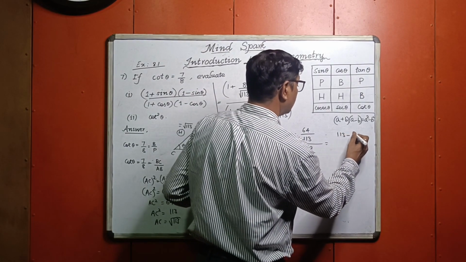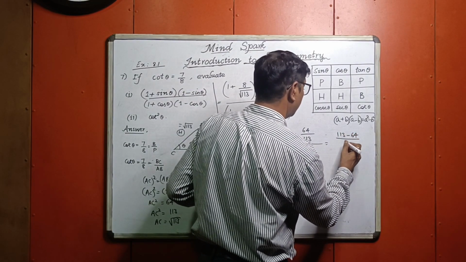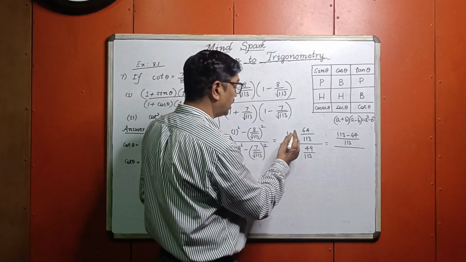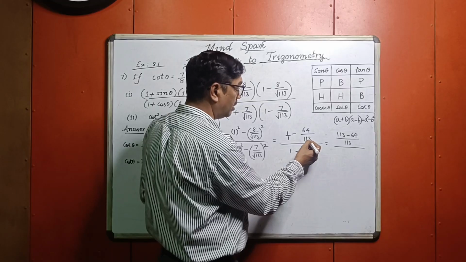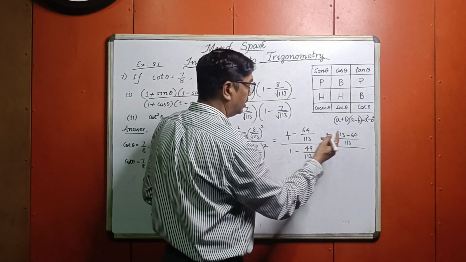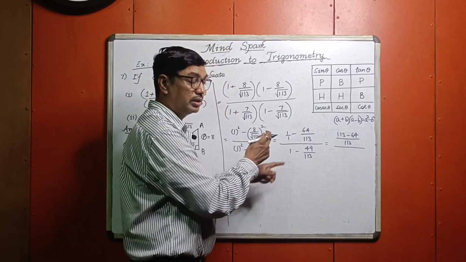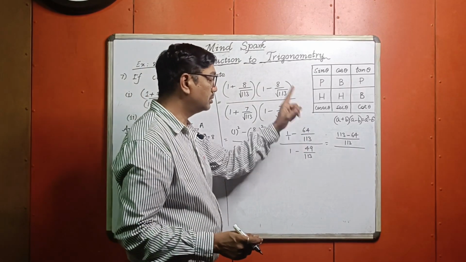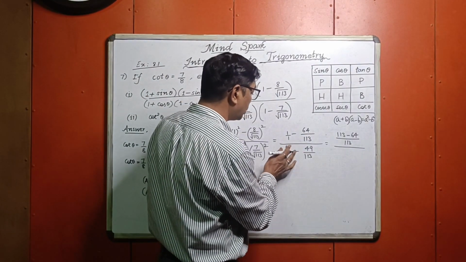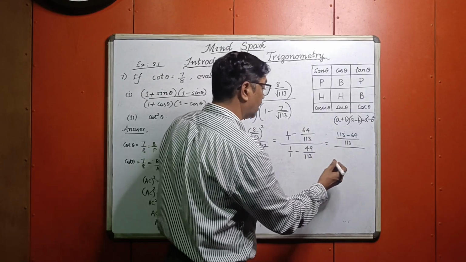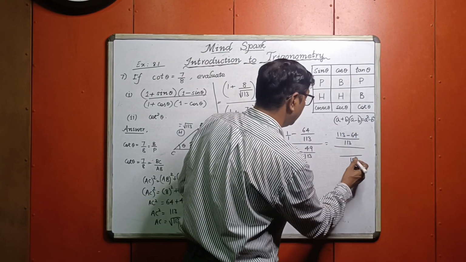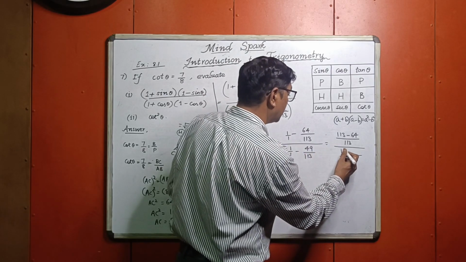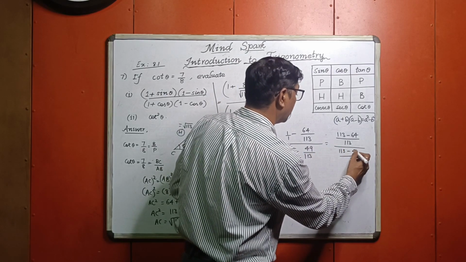After taking LCM, you will get 113 minus 64 by 113 divided by, and you have to cross multiply. You can treat 1 as 1 by 1, so 113 into 1, then 1 into 64. Similarly you can do here also: 1 you can consider as 1 by 1, so it is 113 into 1, that is 113 minus 49.